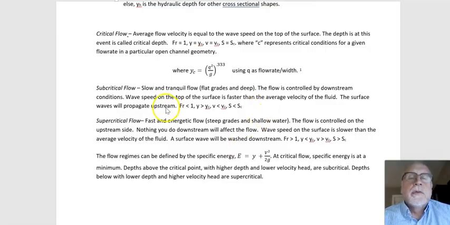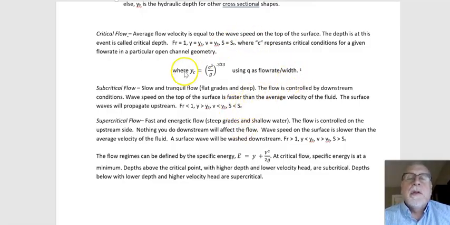Subcritical flow is slow and deep, which comes on flat grades, and that's a Froude number less than 1. So the depth y is greater than the critical depth, velocity is less than the critical velocity, and the slope is less than the critical slope.